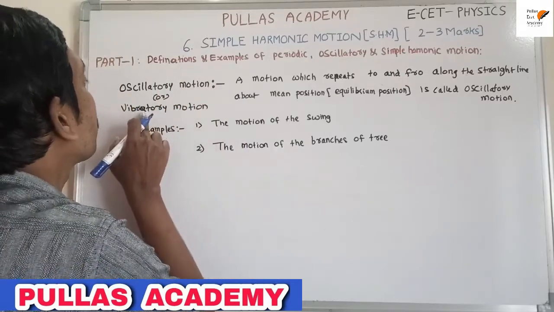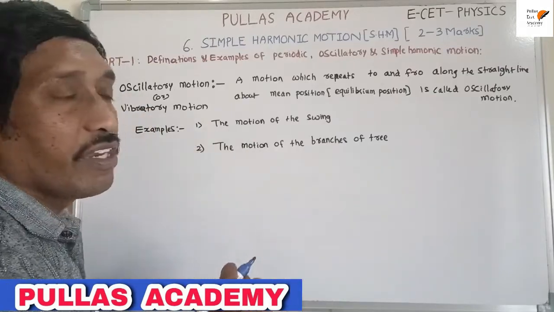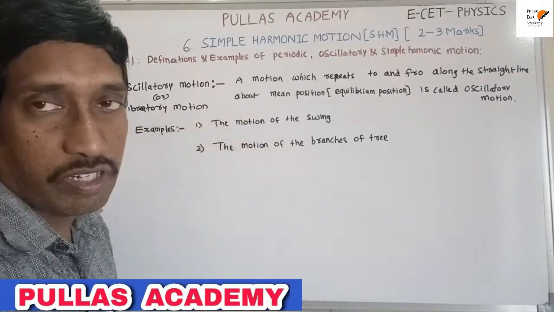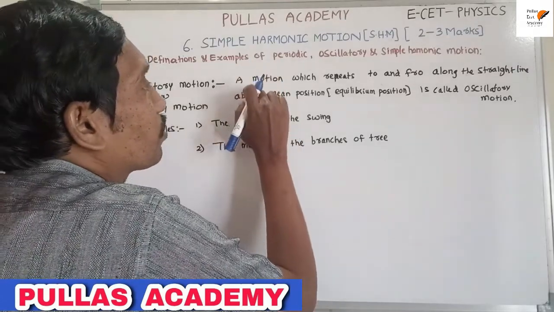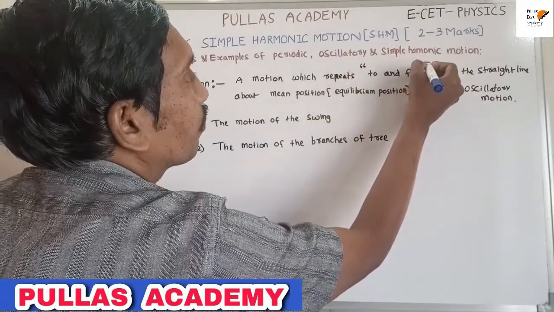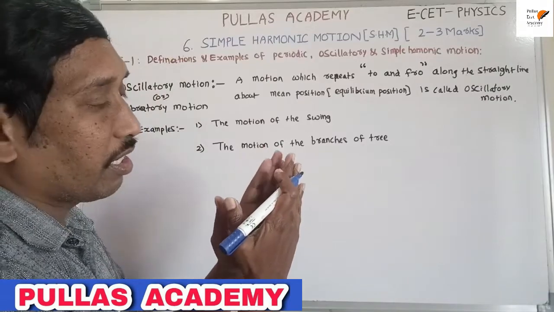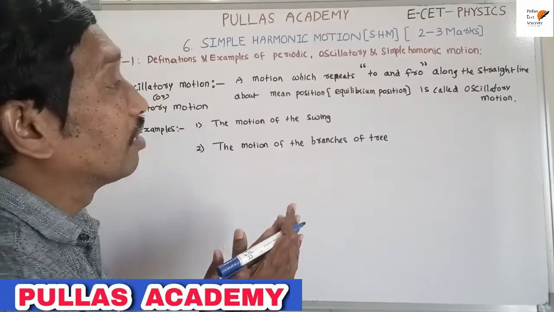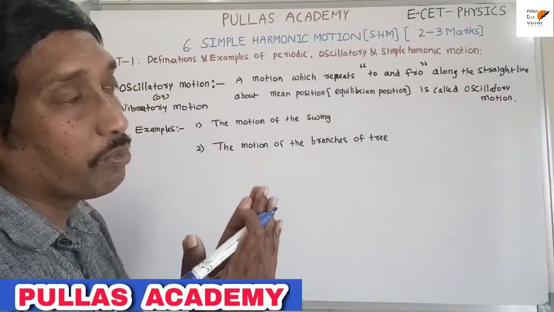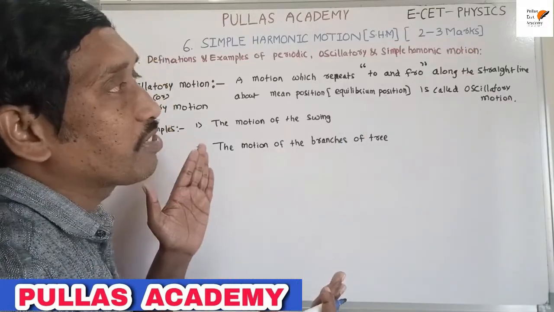Sometimes we use vibratory motion, sometimes oscillatory motion. When the body gives maximum oscillations, we call them vibrations. That's the difference. So a motion which repeats to and fro, this phrase is important in the definition. With respect to the equilibrium position, the body's forward motion is called the to motion, and the backward motion is called the fro motion.